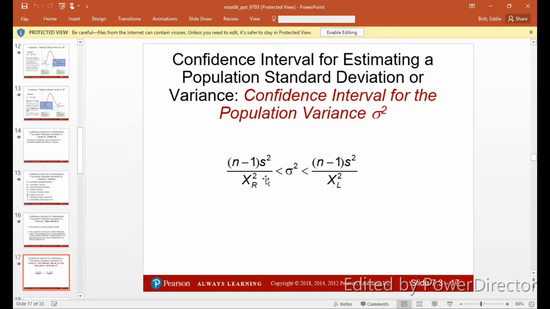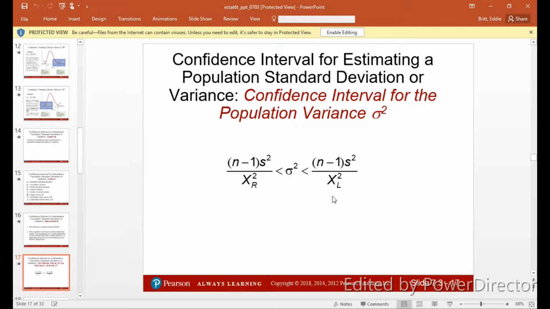So it's like just the opposite of what you would think. But here's the deal also. If you get confused about which one goes where, the bigger number that you get has to be right here. Because look, it's bigger than the middle. And the smaller number that you get when you plug it in the formula has to be on the left side because it's less than.